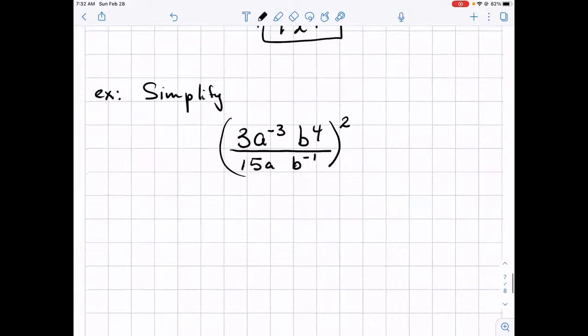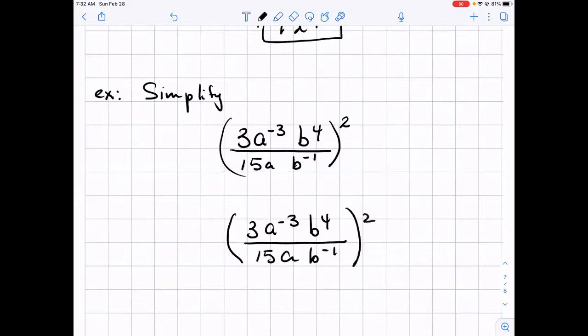So first thing I'll do is rewrite using the powers, right? So this becomes 3a to the minus 3, b to the fourth, everything over 15a b to the minus 1, squared. But now I fill in those powers.